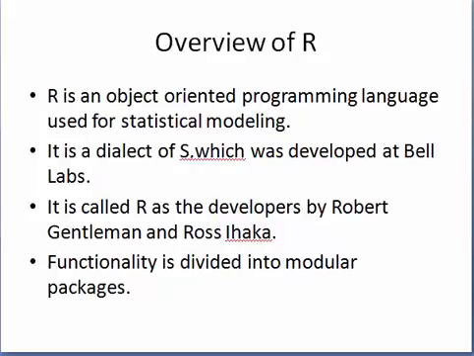This S was developed at Bell Labs, but subsequently people realized they needed a language from the statistical point of view. It was the developers Robert Gentleman and Ross Ihaka in New Zealand who developed this statistical part of the language, and that's why it is named R.